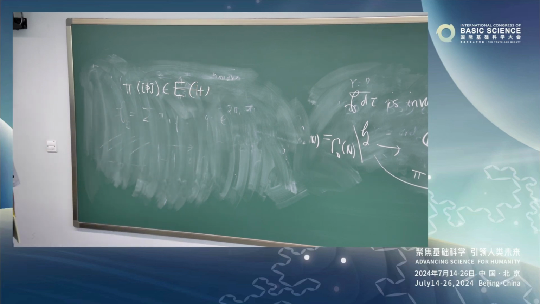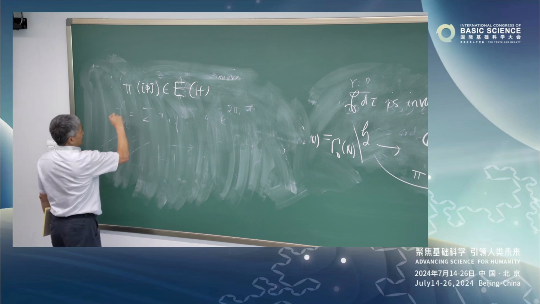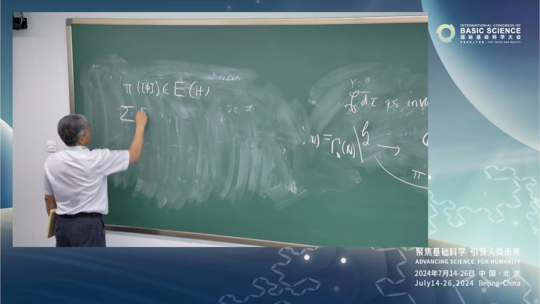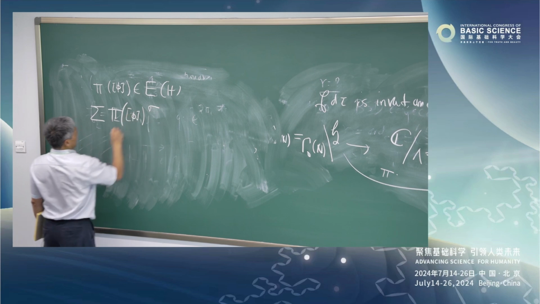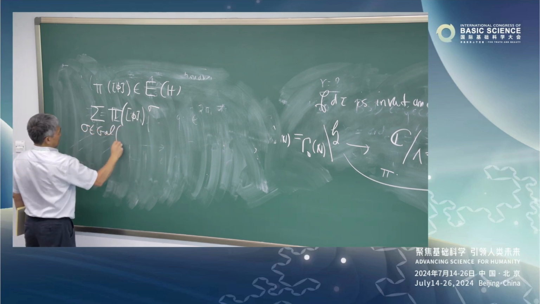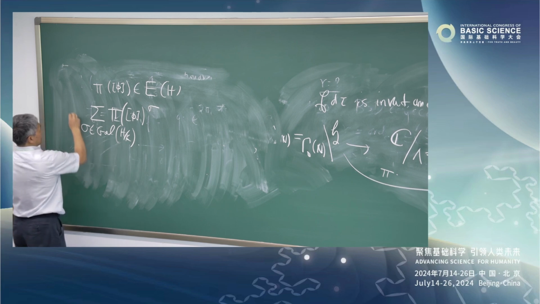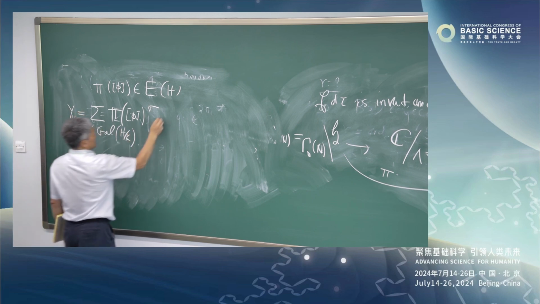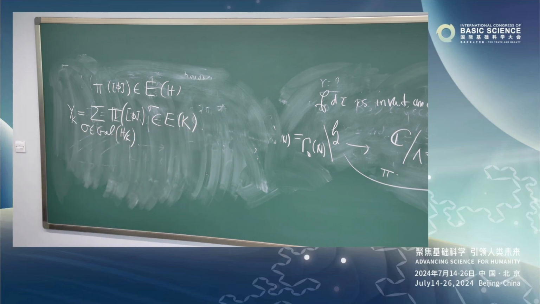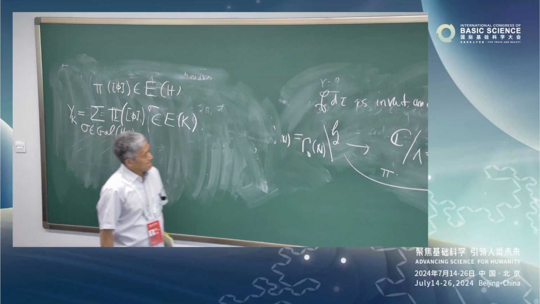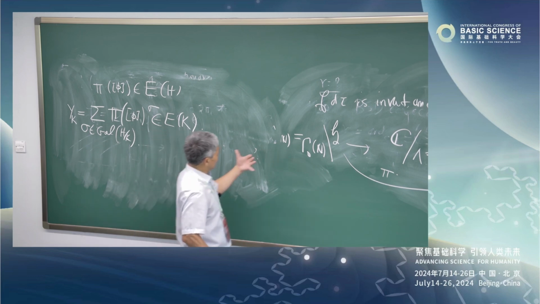So you construct algebraic points from points on the modular curve by a very explicit construction. Then if you take the trace, sigma inside the Galois group of H over K, you get a point of E(K). So you construct such points here.